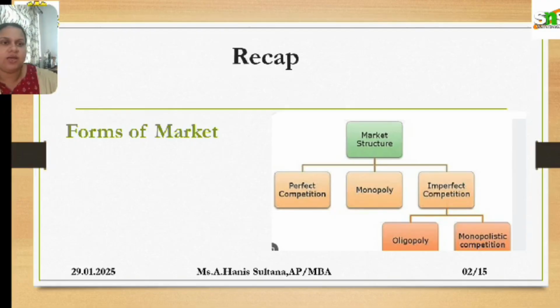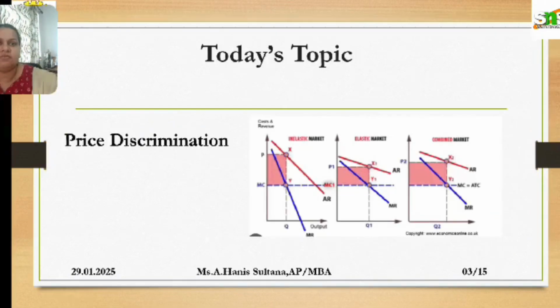In the last class, we discussed the forms of market, and we know what the forms of market are. We had perfect competition, monopoly, imperfect competition, oligopoly, and monopolistic competition. So when does price discrimination occur? We can compare the market on three different types.